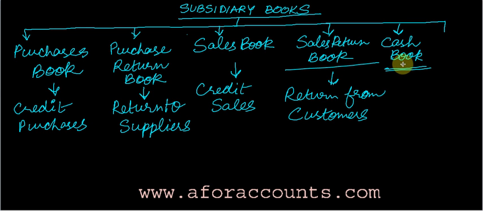The point to be noted here is that a cash purchase or a cash sale will be recorded in the cash book and not in the purchase or the sales book. This is an important point. So, cash transactions are recorded here. And the last book, I call it the journal proper.